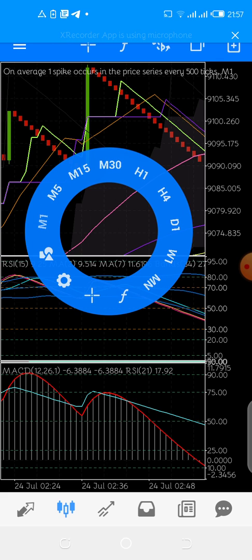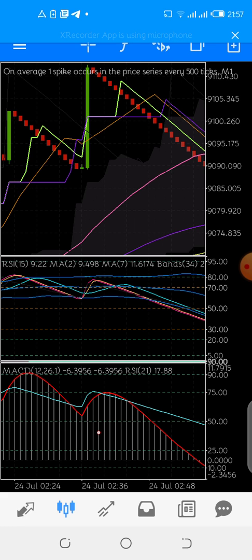Okay, what I'm talking about on the third window is this here. So this window has a MACD. This blue line that you're seeing is an RSI 21.